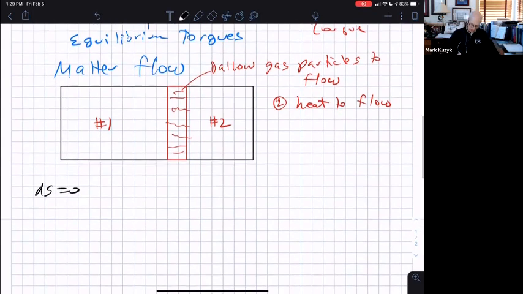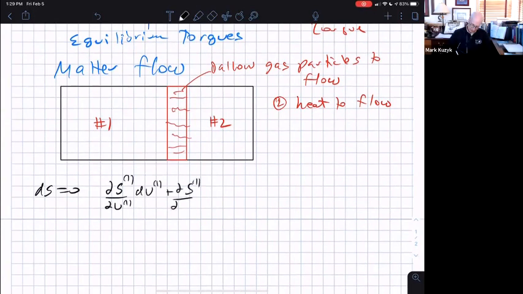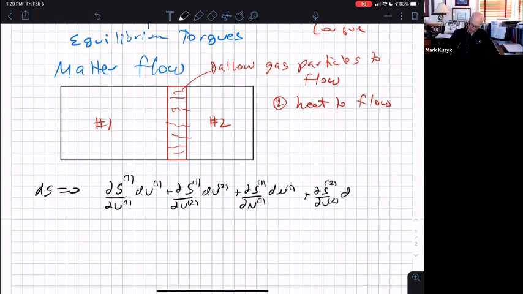Okay, because we know we're going to get the derivative of the entropy of system 1 with respect to U1 dU1, plus the change in entropy with respect to U2 dU2, plus the partial of entropy with respect to N1 dN1, plus the partial of S2 with respect to N2 dN2.